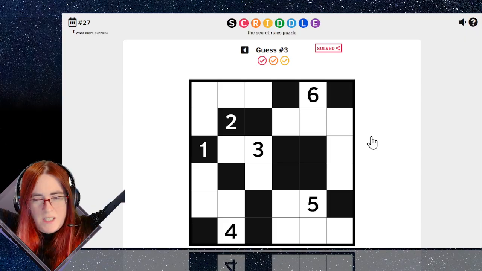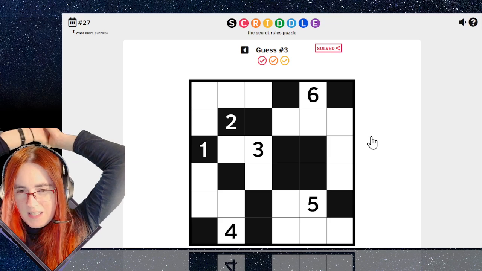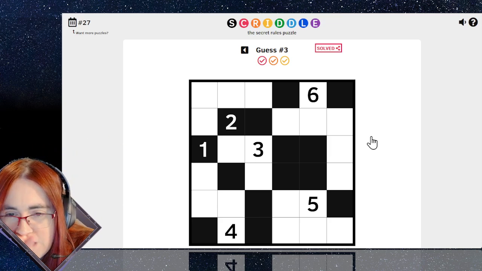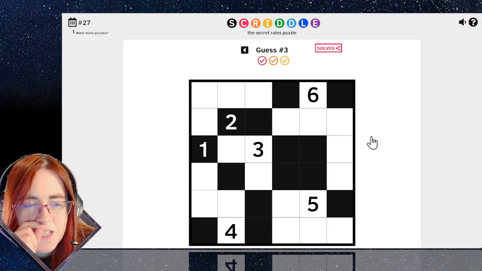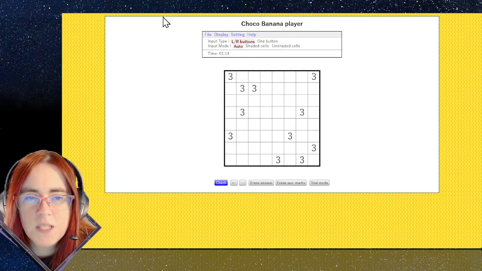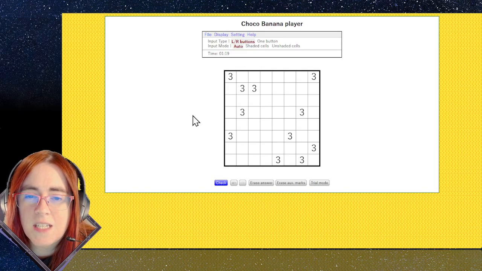I think we've got like 4 or 5 days of Scriddles left, probably. Yeah, I think what I hadn't quite understood was that this is like a puzzle database, Puzzlink, and so this is drawing puzzles out of that database.